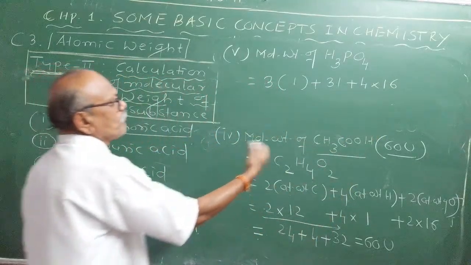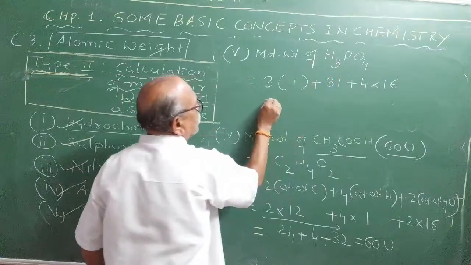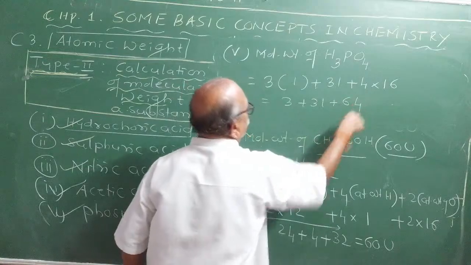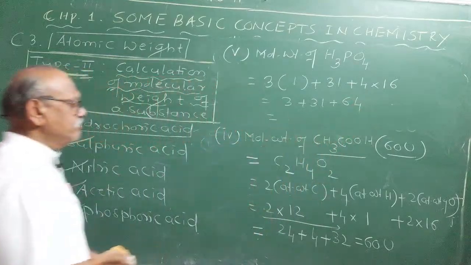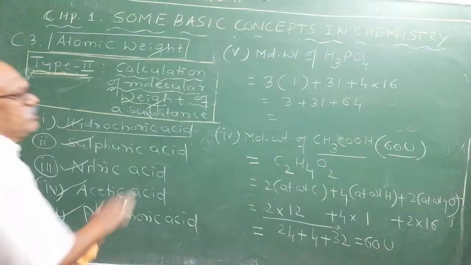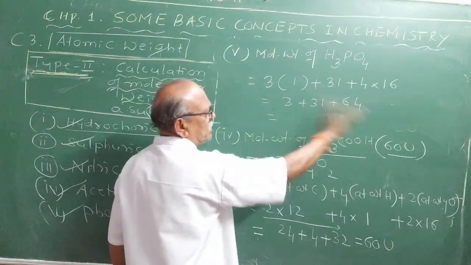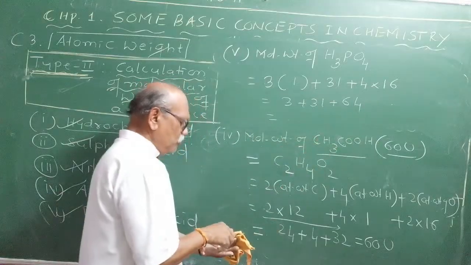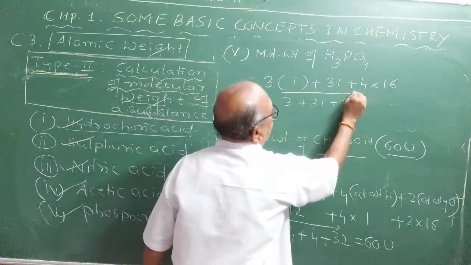Improve to the next level. 3 into 1 is 3, plus 31, plus 16 fours are 64. Add them. First add tens: 30 plus 60, 90. Left to right you add. Change your direction of addition to increase the speed.